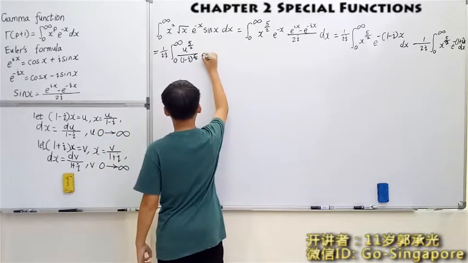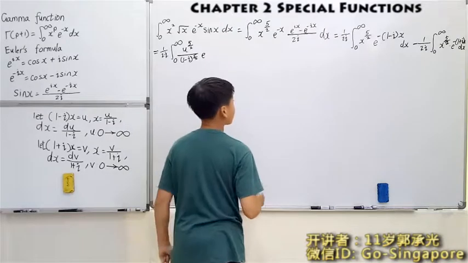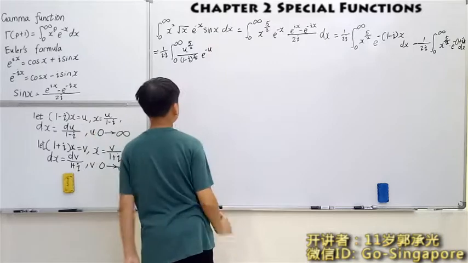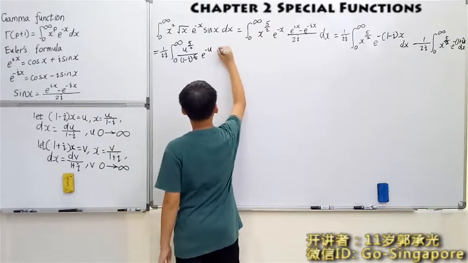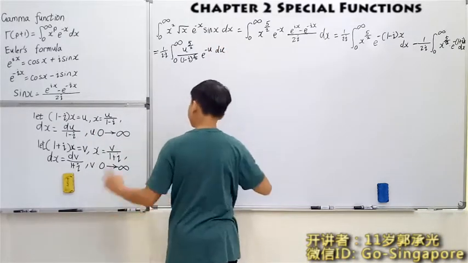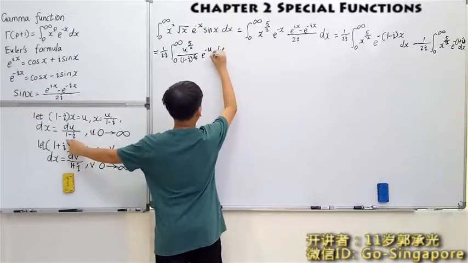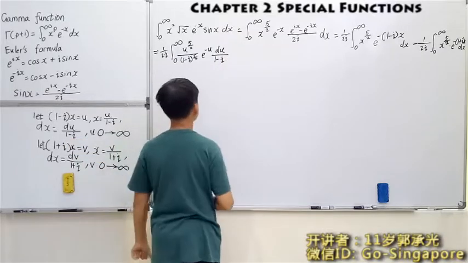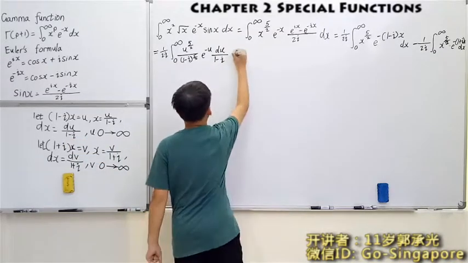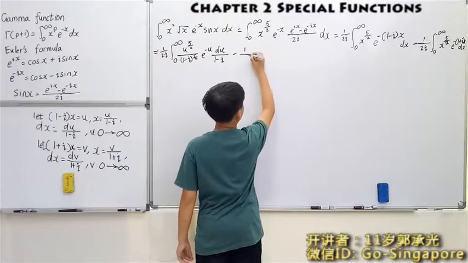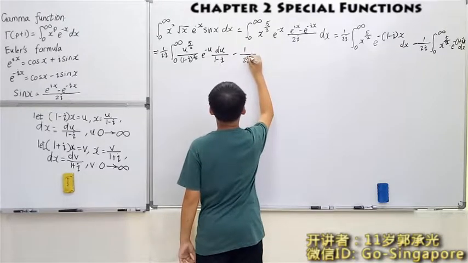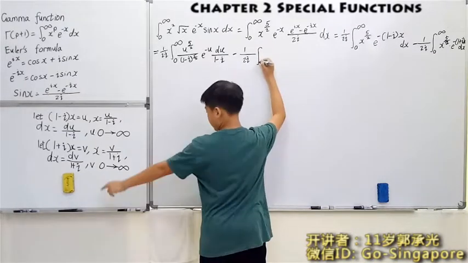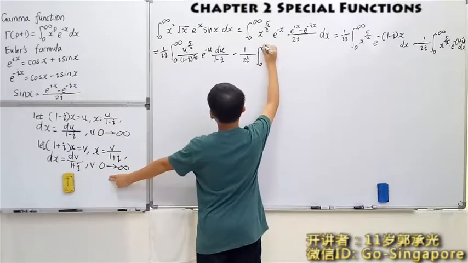The exponential part, (1 minus i)x is u, so it's e to the power of negative u. But then dx, when changing to du, you have an extra over 1 minus i. Then minus 1 over 2i, still integrate from 0 to infinity.